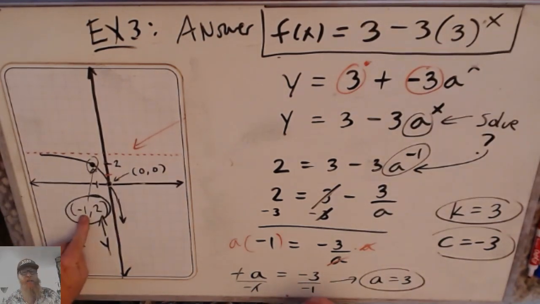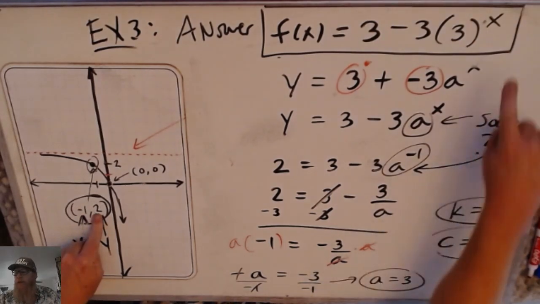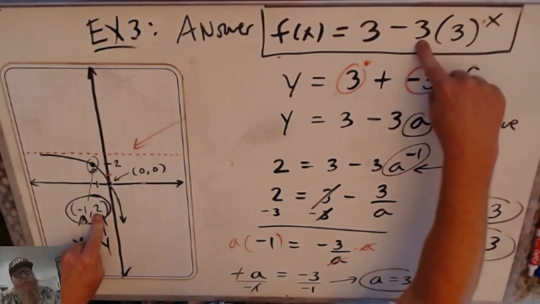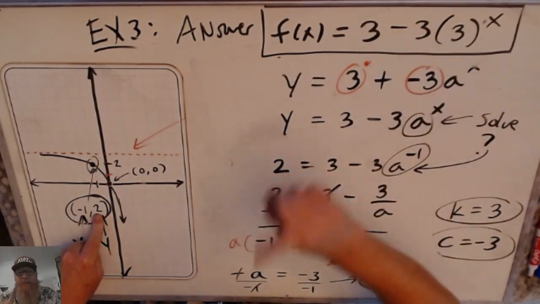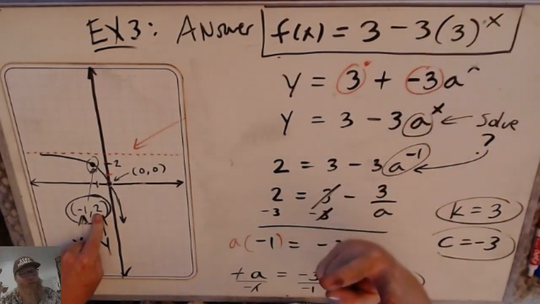How about this one? If you plug in -1, do you get out 2? Okay, plug in -1. 3 to the -1, that's 1/3. Then 1/3 times 3, that's 1. And then 3 minus 1, that's 2.